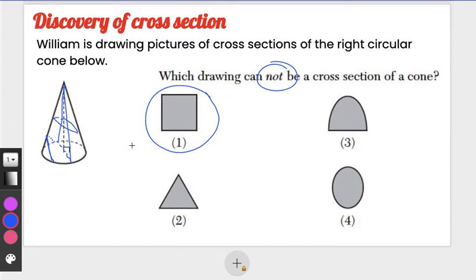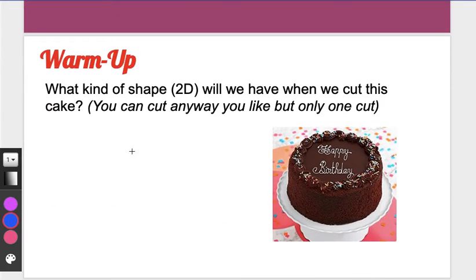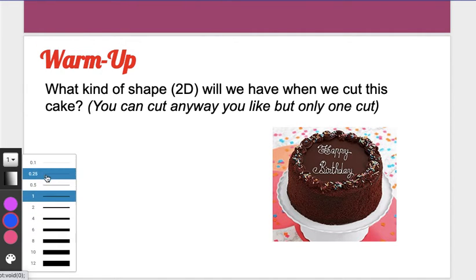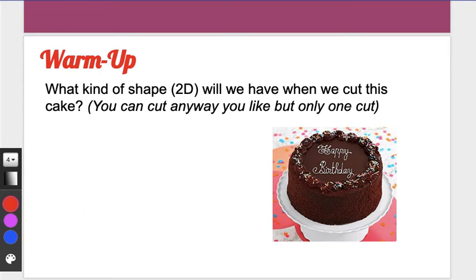So this is what happens when you discover the cross section. Later in the second video, I want to show you some objects by cutting through things so you have a better understanding of that. And now let's go back to the very beginning question we mentioned before. If you check this shape, it actually looks like a cylinder, right? If I cut through this way, what kind of shape are you going to see?